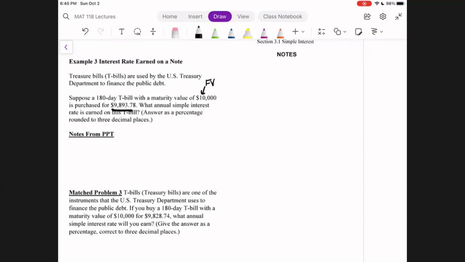What annual simple interest rate can be earned? If we think about it, this is using this formula here, and what we don't know is the rate.